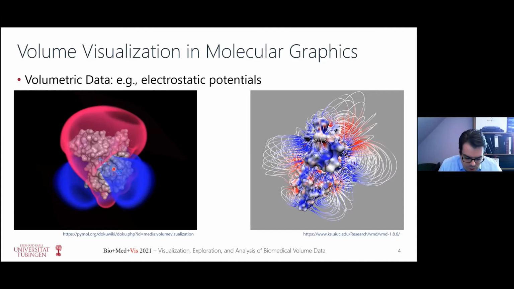You can show these electrostatic clouds here, or since it's actually a vector field, so at each position in space you encode not just a density value but also a direction, you could also render something like these field lines here. However, again, it is just volume data, so we are also using the same methods that Stefan just showed us for medical data.